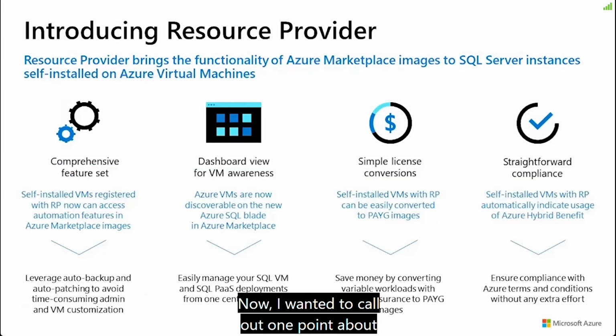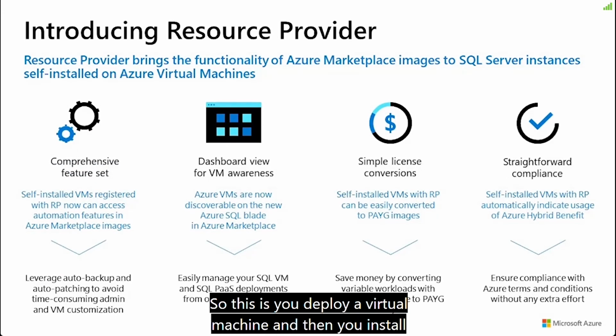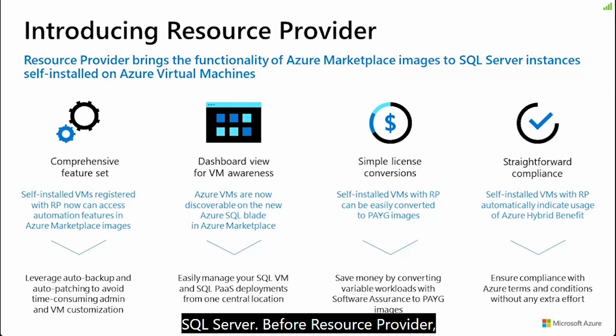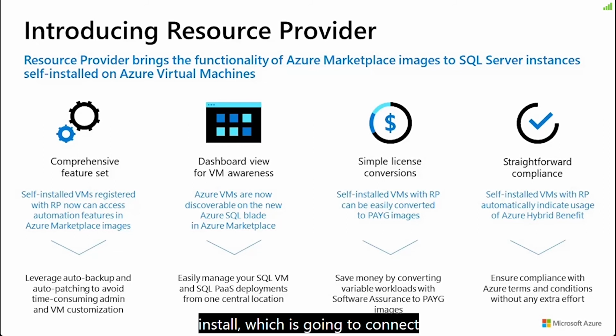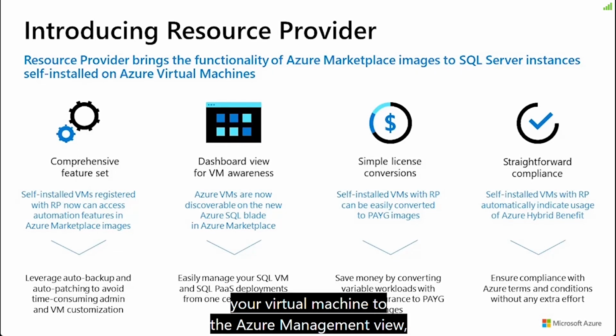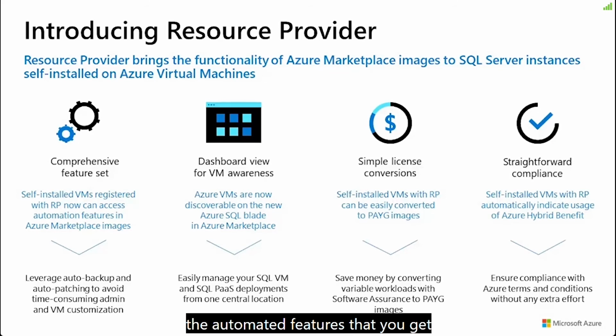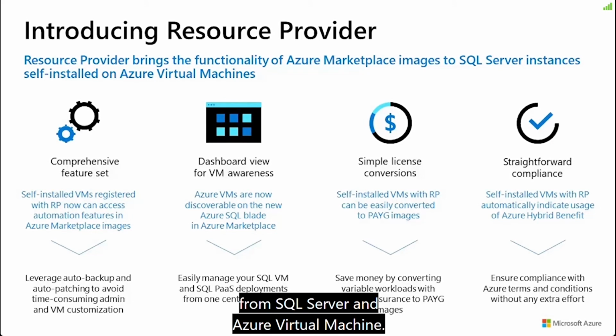Now, I wanted to call out one point about this idea of a self-installed SQL Server. So this is you deploy a virtual machine and then you install SQL Server. Before Resource Provider, which is basically a small agent you can install, which is going to connect your SQL Server that's running in your virtual machine to the Azure Management view, you didn't have that capability to get some of the automated features that you get from SQL Server and Azure Virtual Machine.